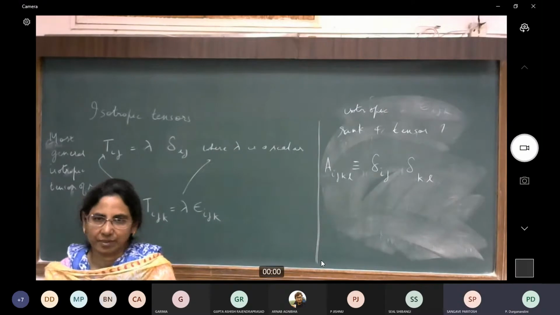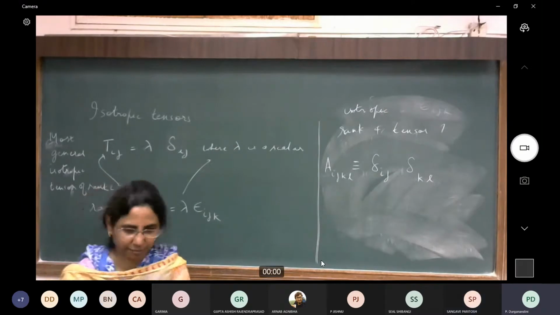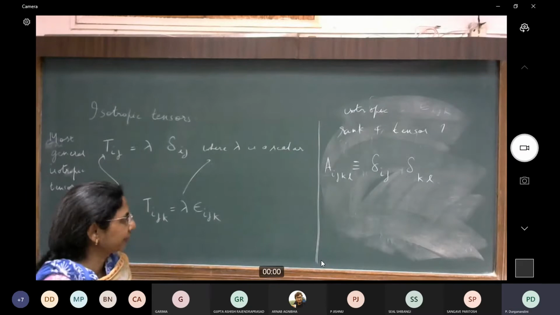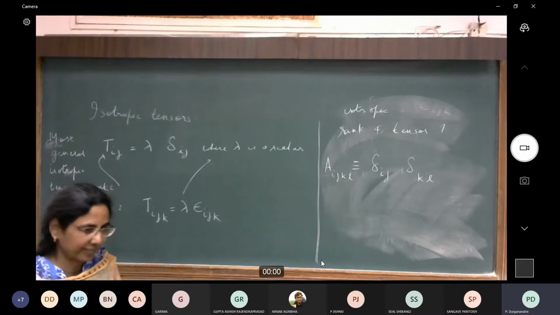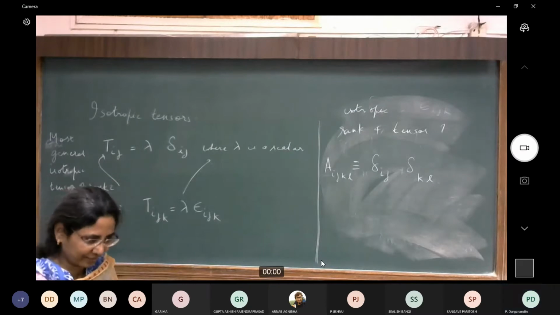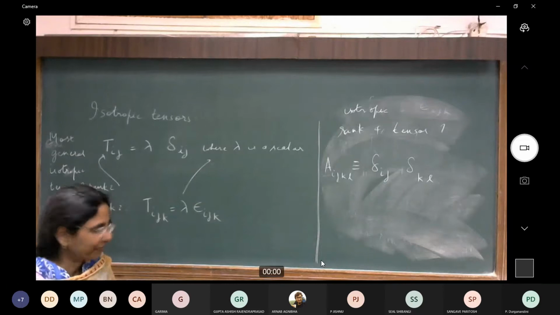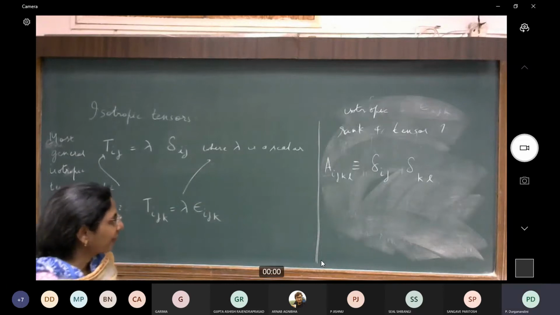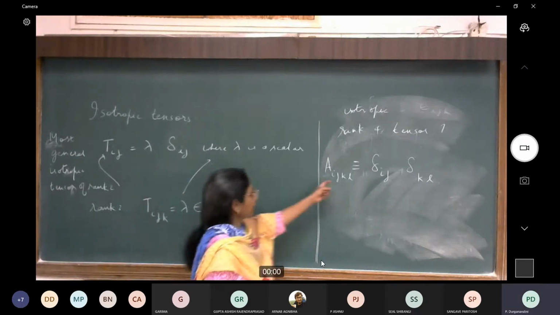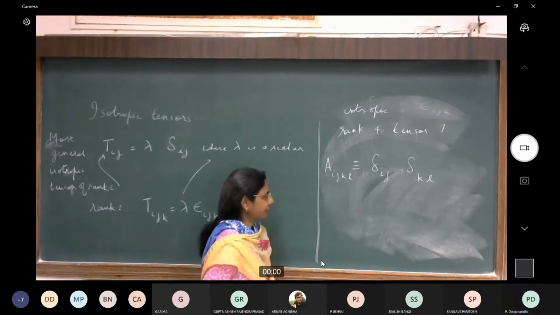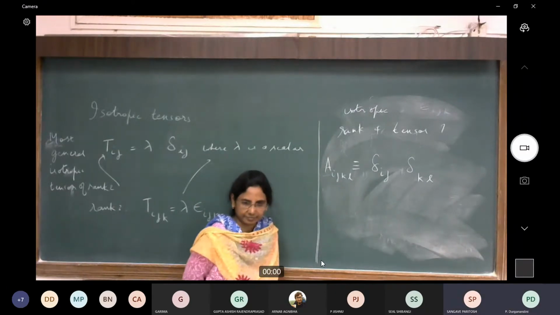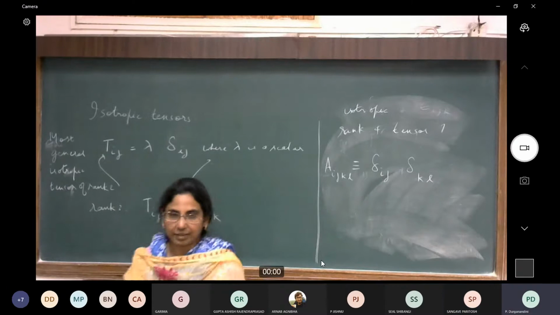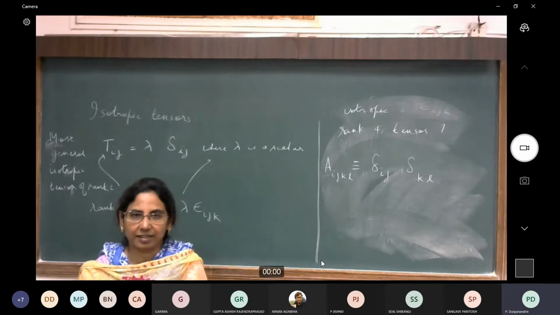It's a tensor of rank 4, because we have just combined two tensors of rank 2. Now is this an isotropic tensor? How many components or elements will this A have? It's a fourth rank tensor.